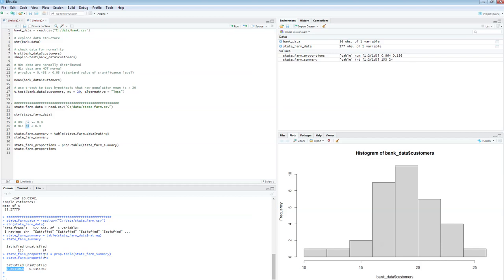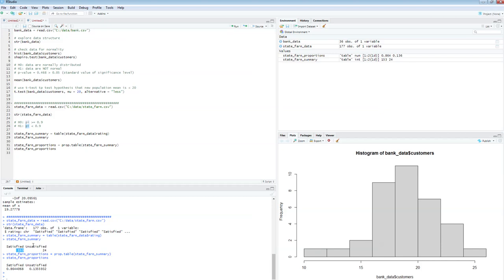Now the big question is, is that difference big enough for us to say that this is not an accidental find, right? What do I mean by that? We discussed that every time I pick a different sample, my proportions are going to change, just because of randomness. I pick 177 different customers, and instead of 153 satisfied, all of a sudden I have 68.